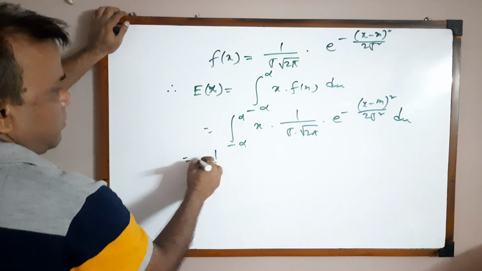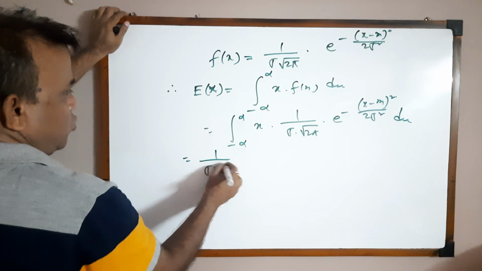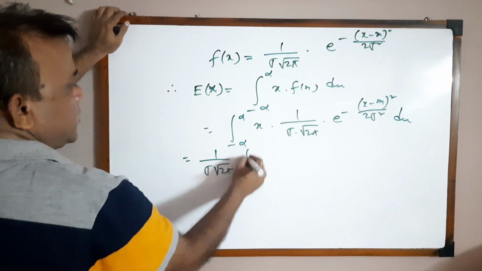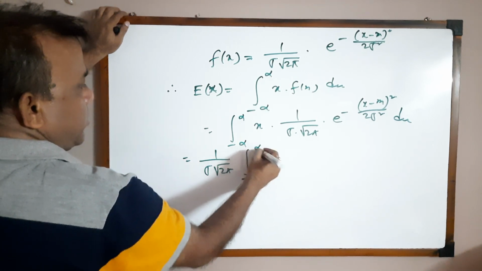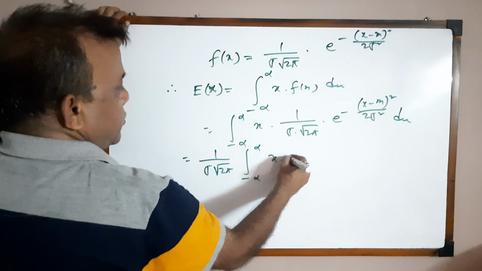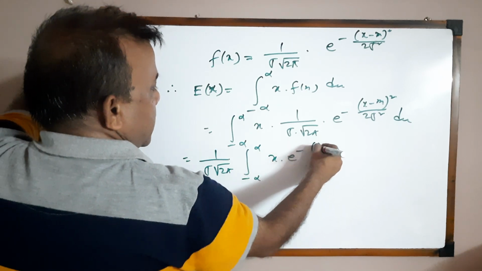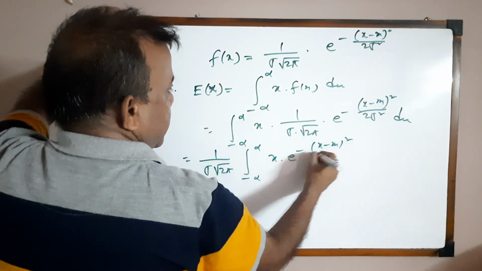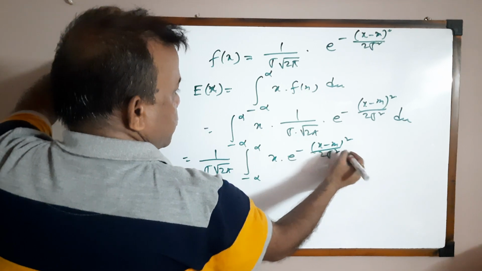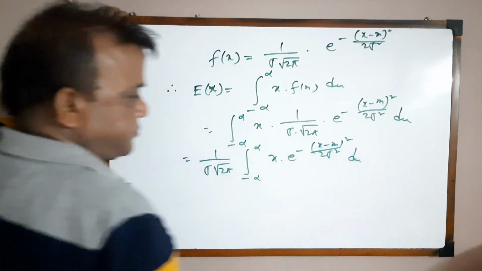is equal to 1 by sigma into root over of 2 pi integration minus infinity to plus infinity x into e to the power minus (x minus m) whole square by 2 sigma square dx.